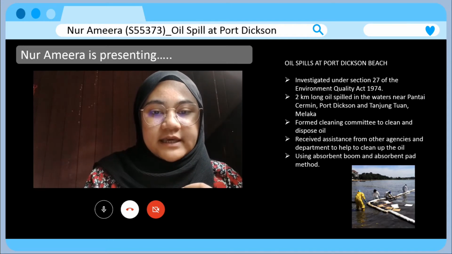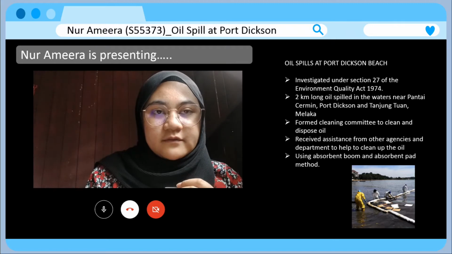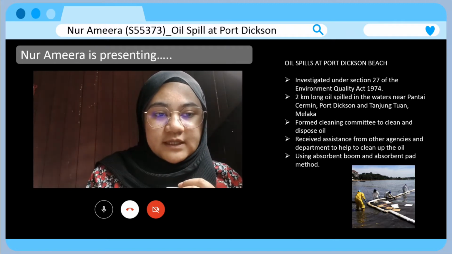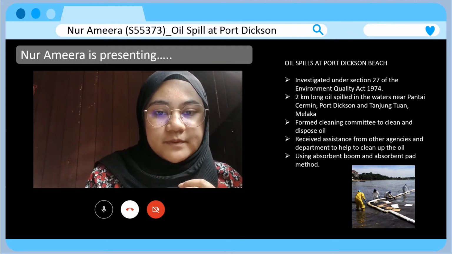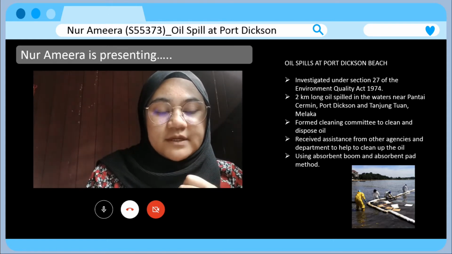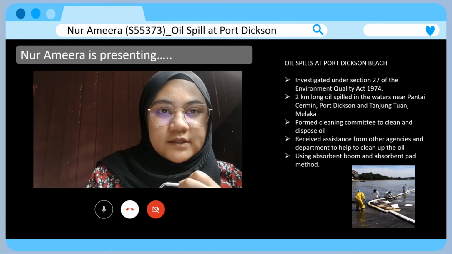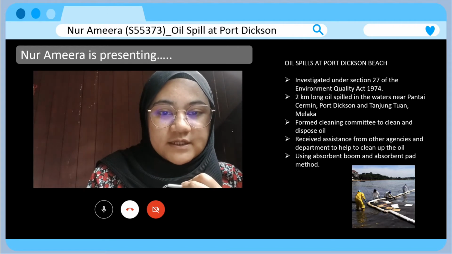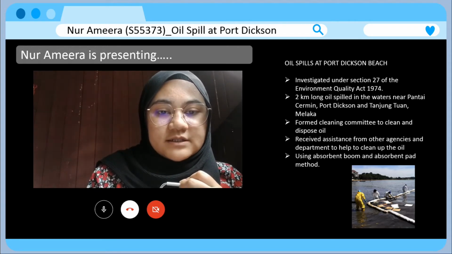The recent case of oil spill is in Port Dickson. On 12 October 2020, multiple reports of the oil spill were filed at Port Dickson Beach. This case has been investigated under Section 27 of the Environment Quality Act 1974 that carries a maximum fine of 500,000 or maximum 5-year jail term or both.